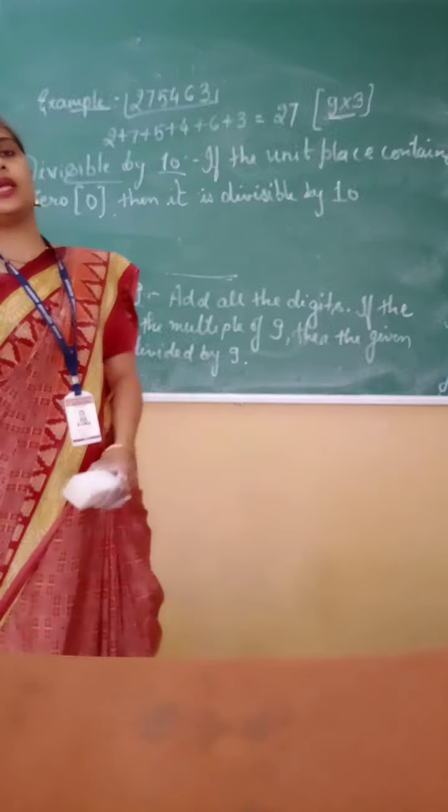Then the last divisibility, that is divisible by 11. How we will find that any of the given number is divisible by 11? It is some long process. Let us understand it.